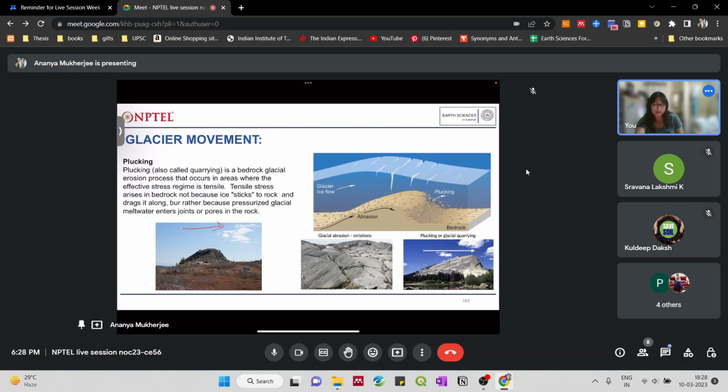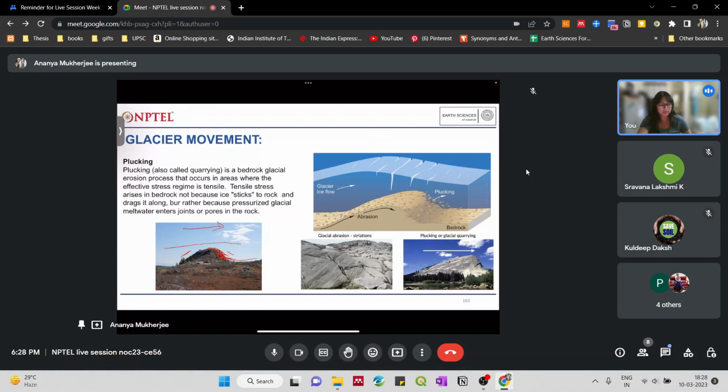This is the up ice side, and this is the down ice side. The glacier was moving from here, over here, and a kind of stress regime is created, and it is going to pluck these rock fragments and drag them with it. This phenomenon is called plucking.